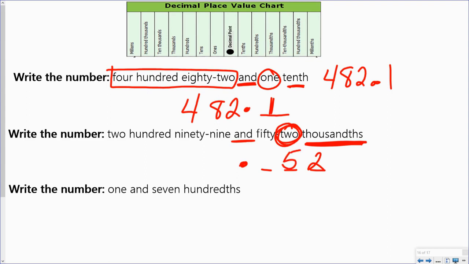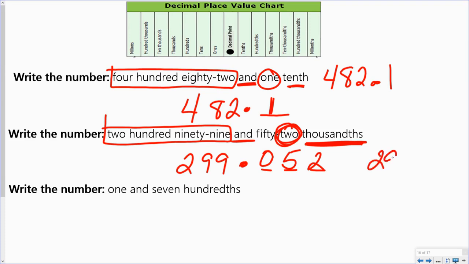So my 5 would go here. And then I would just put a 0 right here. And then on this side, I have 299. So I would write 299. And so my number would be 299 and 52 thousandths.